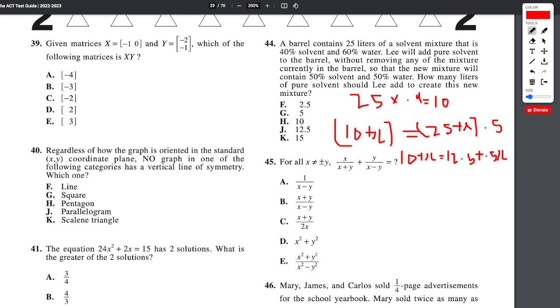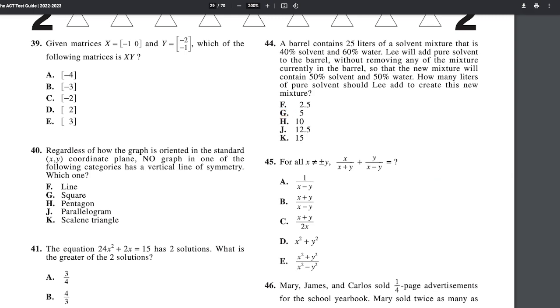If you bring the 0.5x to the left side, we subtract 0.5x on both sides, and that's going to be equal to 2.5. So then it's just 2.5 divided by 0.5, which is 5. So x equals 5, which is how many liters we need to add. Okay, 15 is how many we'll need in total, but 5 is how many we need to add. G is 44.